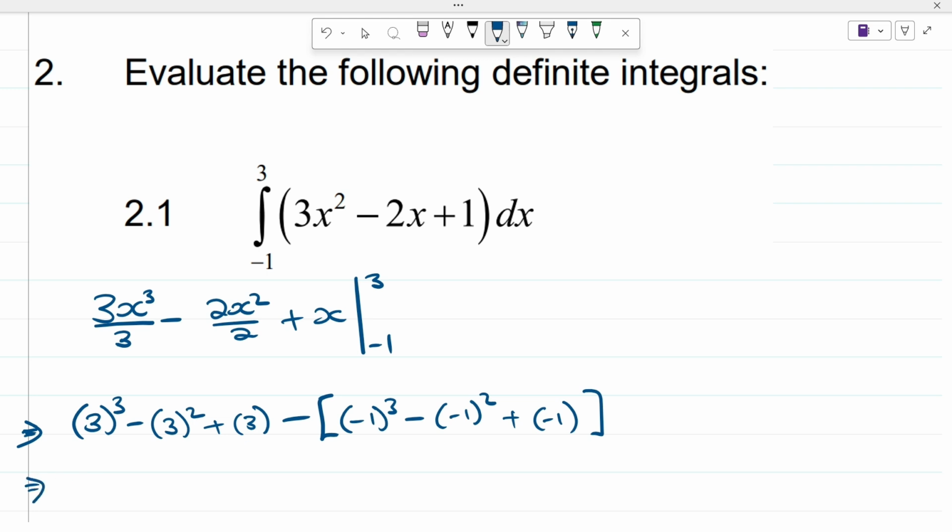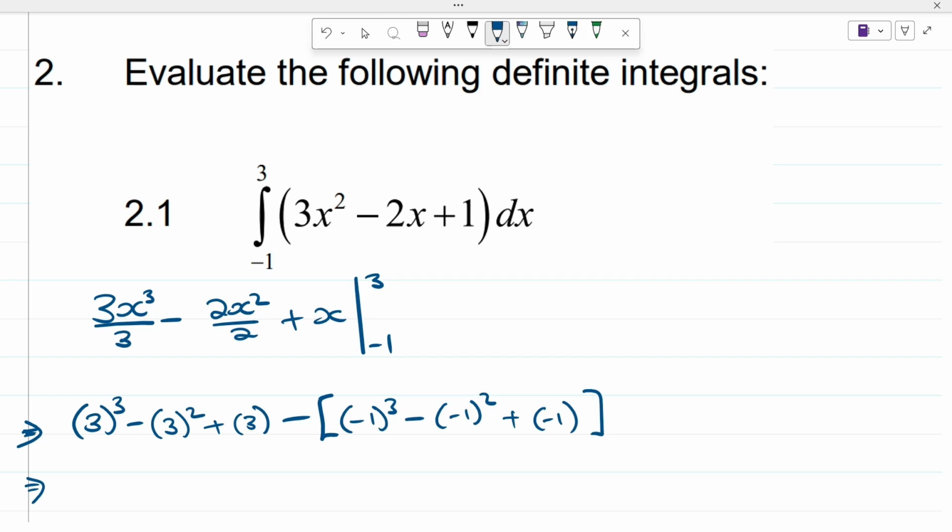Then we use our calculator. So 3 cubed minus 3 squared plus 3, minus what? Minus 1 cubed minus minus 1 squared minus 1.